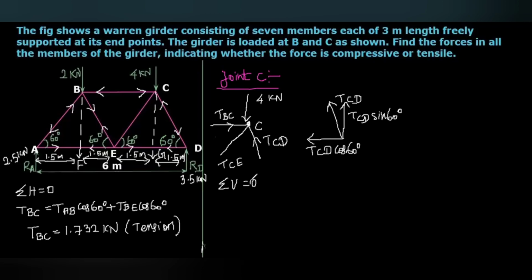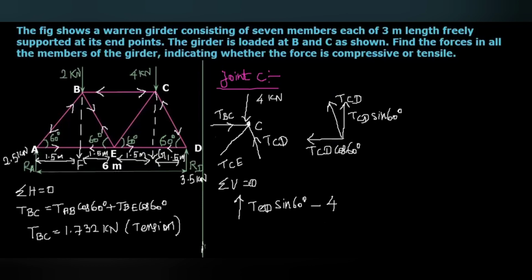that equal to 0. Here you can see 4 kilonewton. That is the downward force. And then the TCD sine 60, that is an upward force. First, I just put the upward force, that is TCD sine 60° minus the downward force 4 kilonewton.